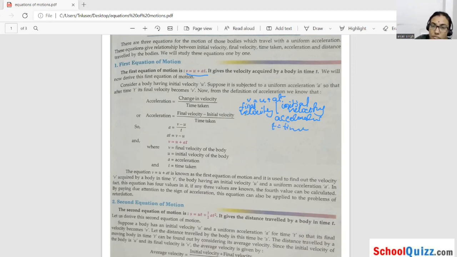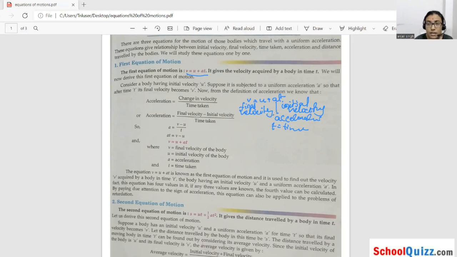Clear? v is the final velocity, u is the initial velocity. I think you are familiar with the words initial velocity and final velocity. Initial velocity is that with which velocity objects start moving. And what is the final velocity? Final velocity means the object is getting stopped or reaches the destination with that velocity.